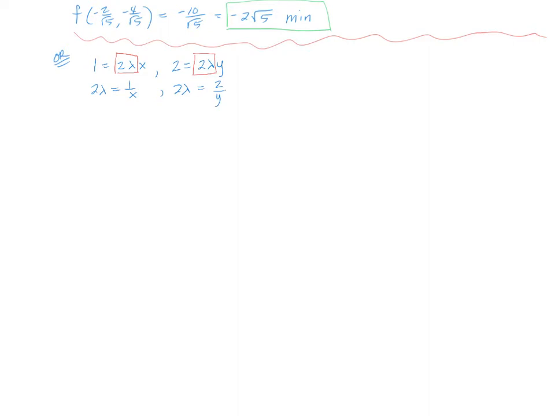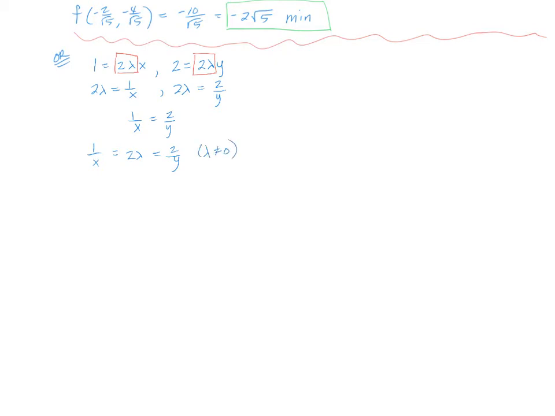So if 2 lambda is equal to 1 over x and 2 lambda is equal to 2 over y, you get 1 over x is equal to 2 over y. The problem is you lost your lambda. Algebraically, once you get rid of that lambda, the question becomes, what happens if lambda is equal to 0?